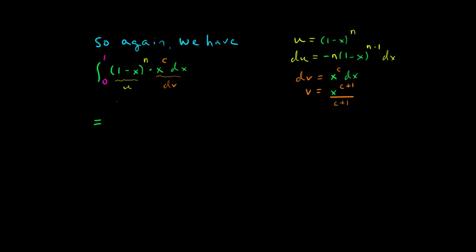And so when we plug all of this in, remember that this is going to equal u times v, evaluated at the boundaries x equals 1 and x equals 0. So this will be 1 minus x to the n, that's our u, times x to the c plus 1 over c plus 1, that's our v. Evaluated at those endpoints x equals 1 and x equals 0.